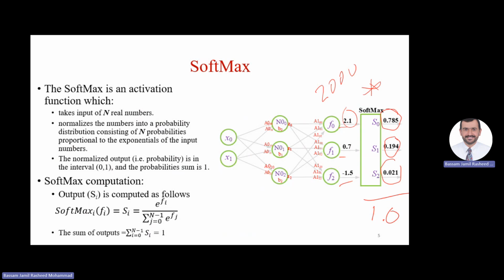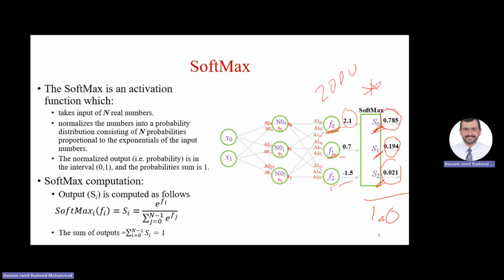No matter how many outputs you have, once you apply the output to a softmax, you will get outputs between 0 and 1, and the sum of them is equal to 1. Notice the F's are the output of my original neural network, and the S's are the output of my softmax.